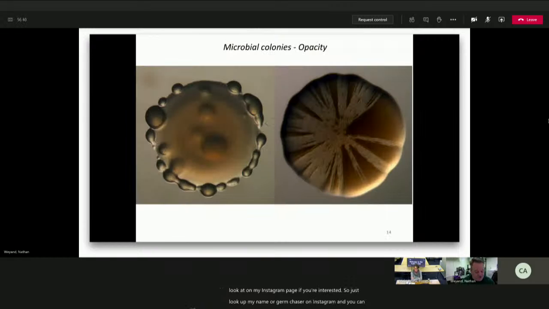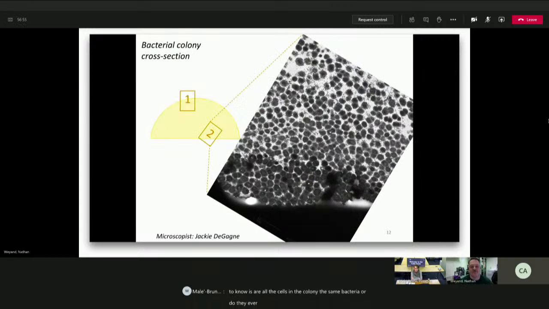I have a question. So you were talking about colonies, and what they want to know is, are all the cells in the colony the same bacteria, or do they ever mix together? Yes, in this example, we believe they are all the same.